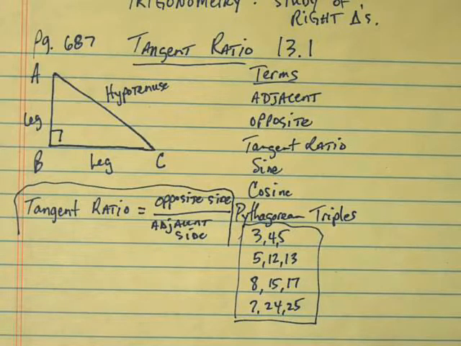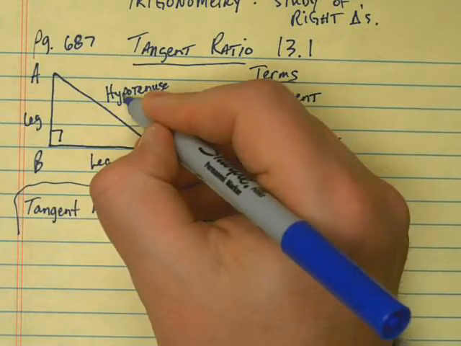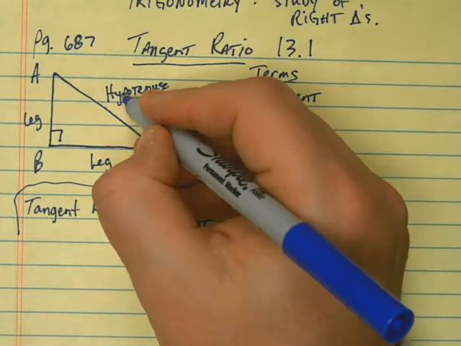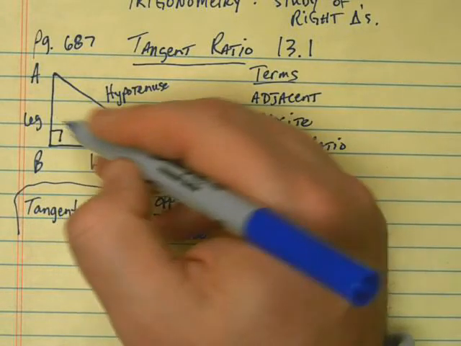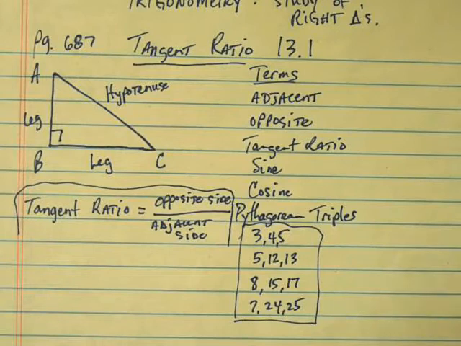Always. Now, you have to know which angle you're talking about because it changes with each angle. We never take the tangent of 90 degrees, because the opposite side would be the hypotenuse, and the adjacent side could be either of the other two sides. It's always one of the other angles.